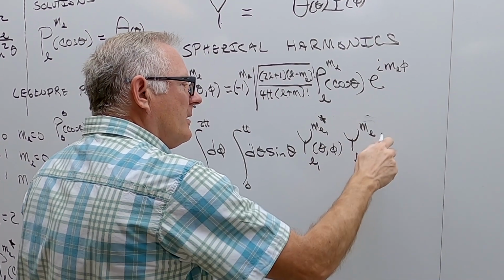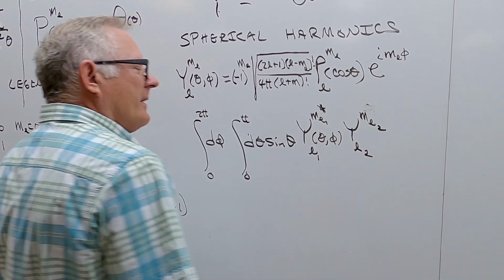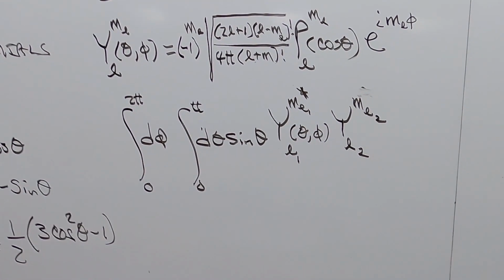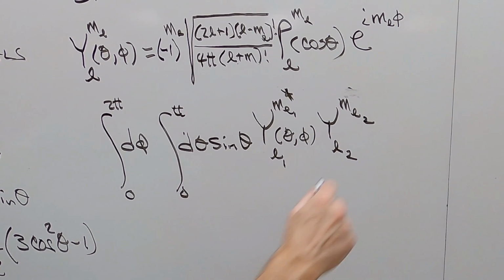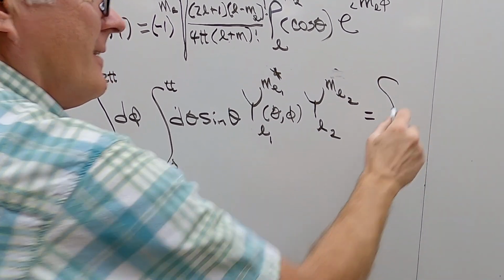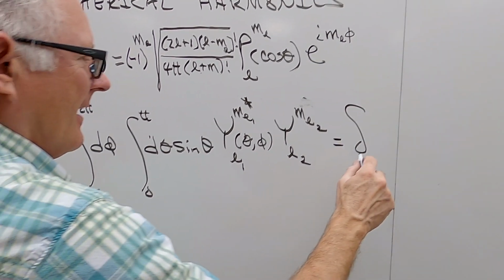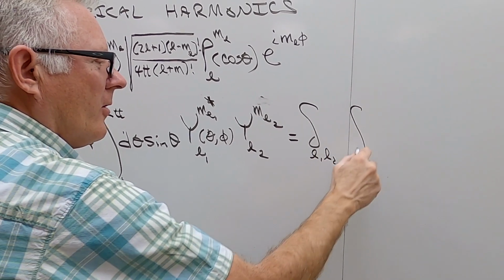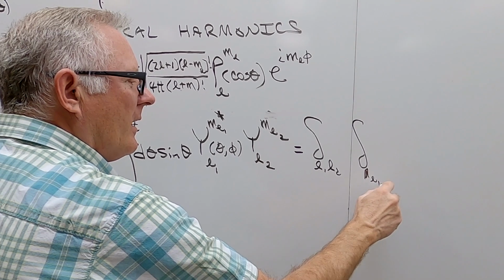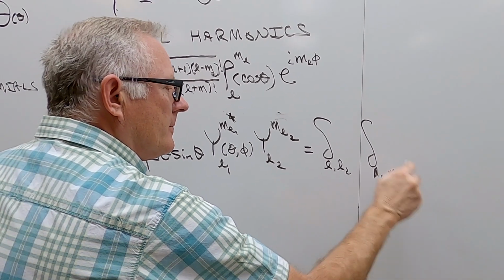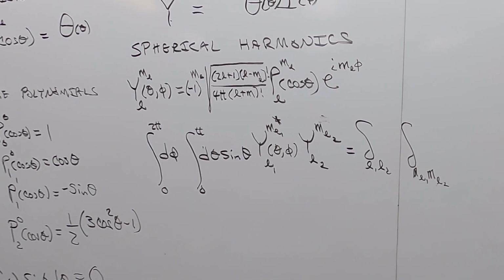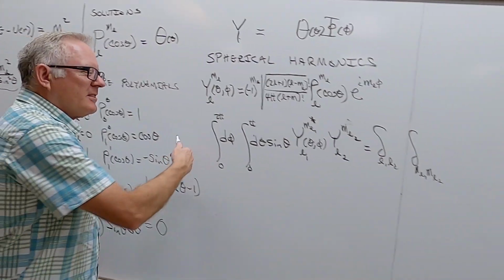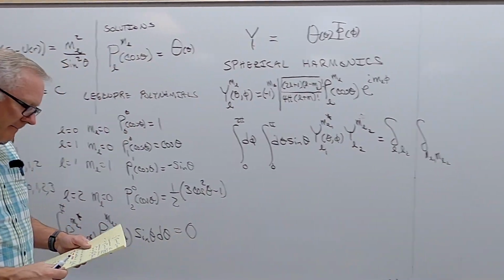Since they're orthonormal, this gives you our Kronecker delta, L1 L2, and also m sub L1 m sub L2. That just means that they're orthonormal right here.